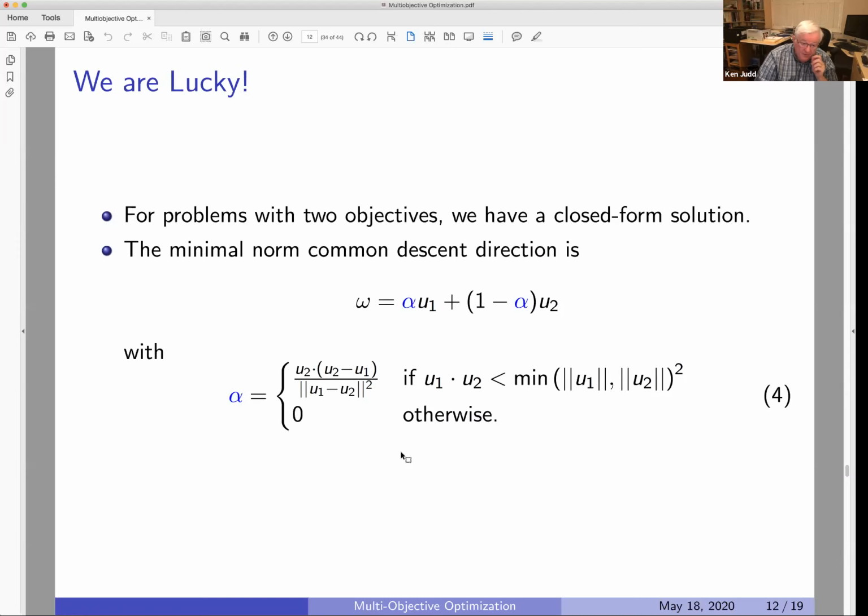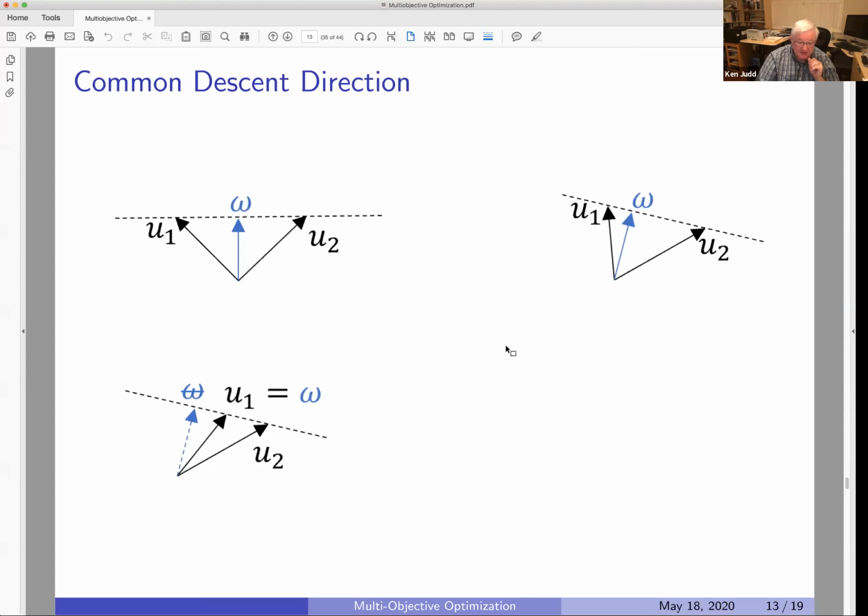Now, for two objectives, we have a closed form solution to that problem. The minimal norm common descent direction is this convex combination of u1 and u2, and here's a formula for alpha. So much for formulas; here's what it looks like. Suppose you have these two vectors, u1 and u2.